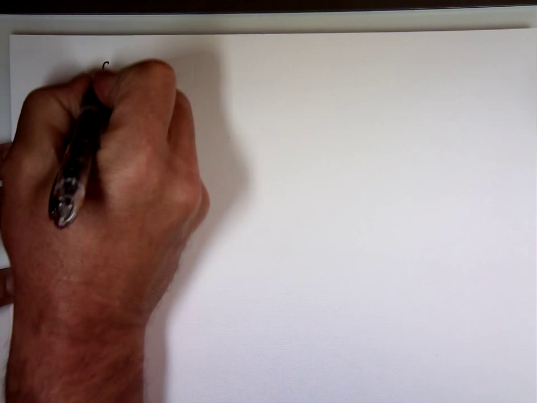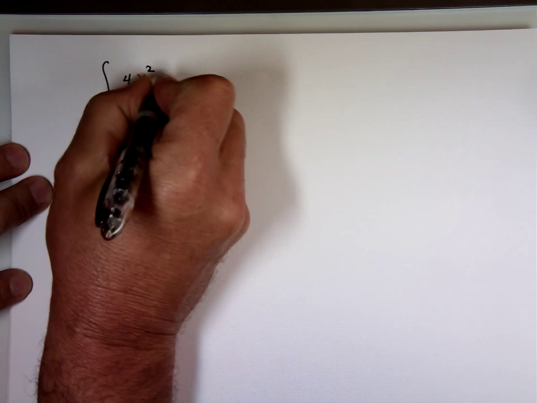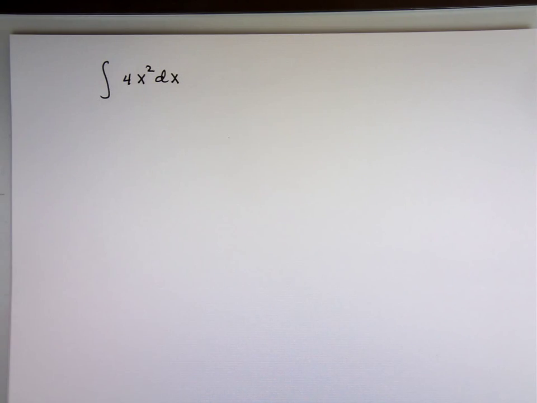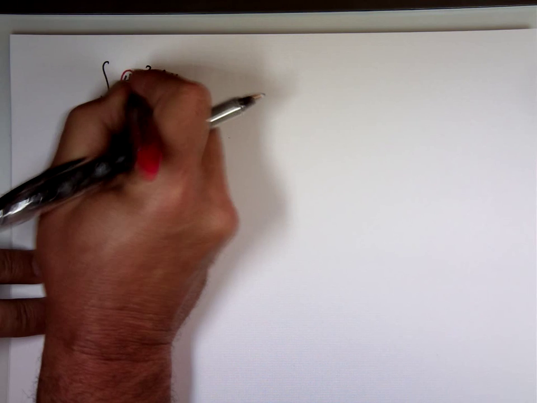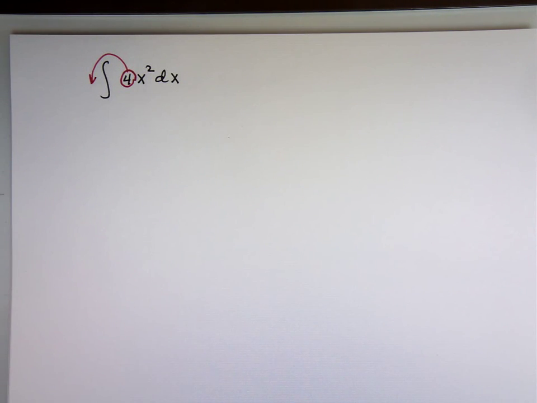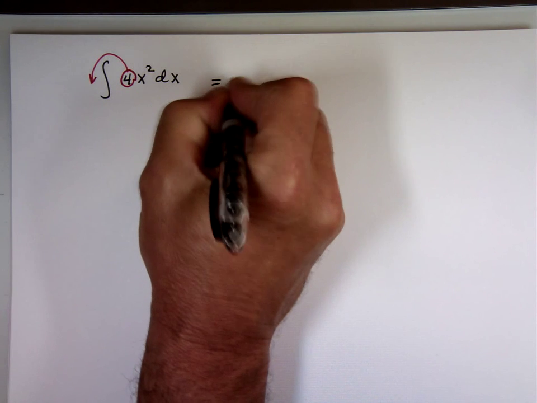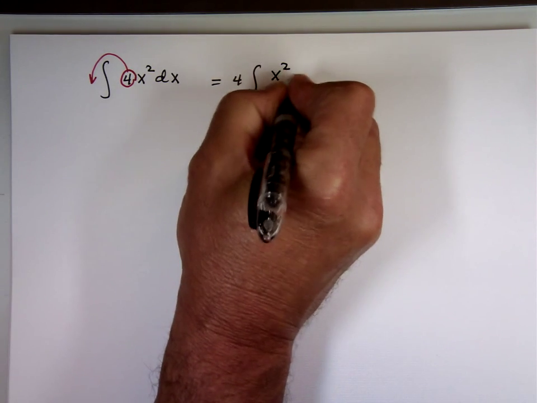So what is the integral, for example, of 4x squared dx? Just like the derivative, you can take that number, the 4, the constant, and move it to the front. This becomes 4 times the integral of x squared dx.